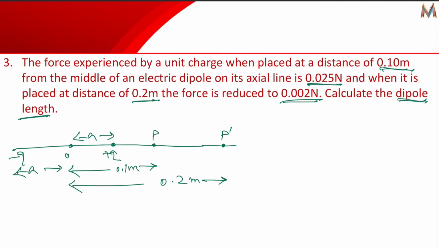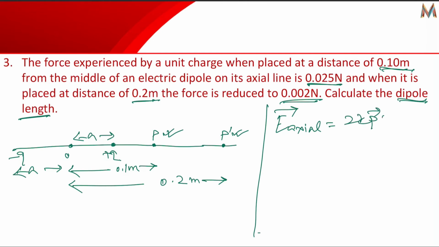Both the P point and the P dash point are at axial positions. So we know the formula for the axial position: E axial is 2 k p vector x upon x square minus a square whole square. This x is the distance where we want to find the electric field.